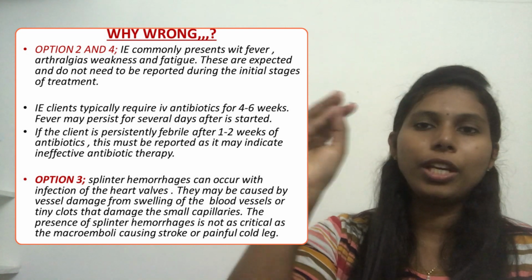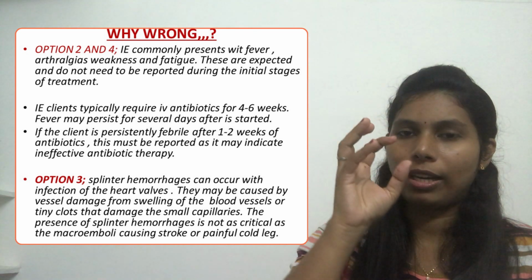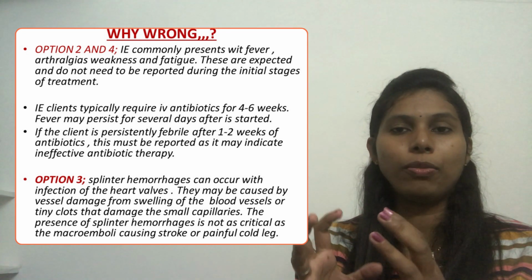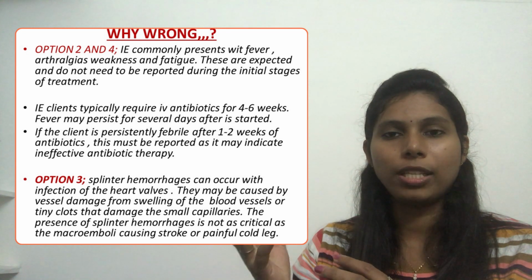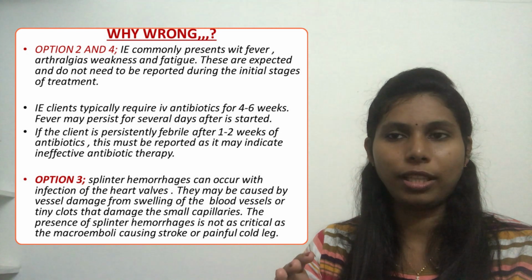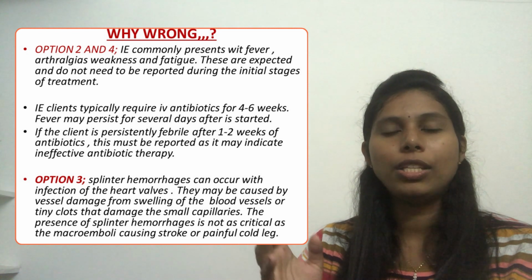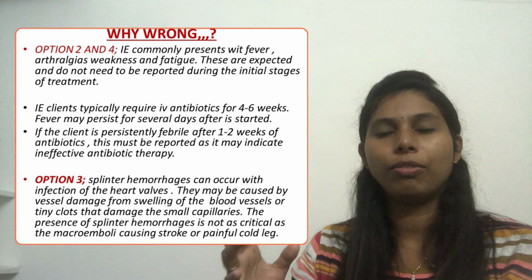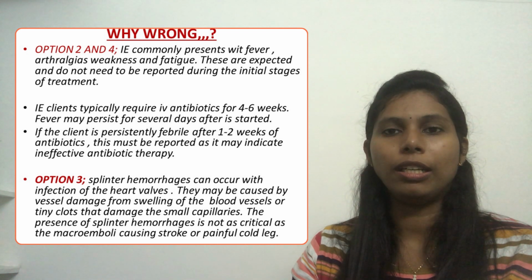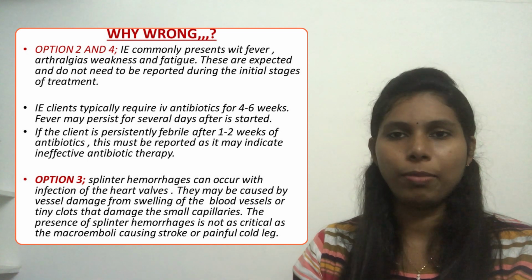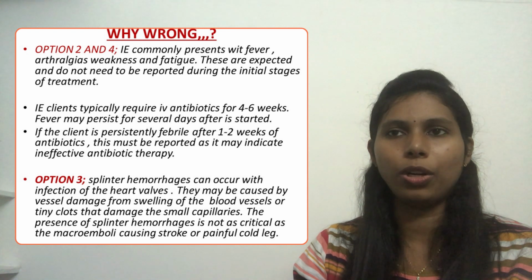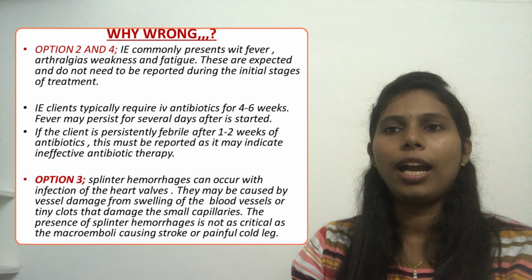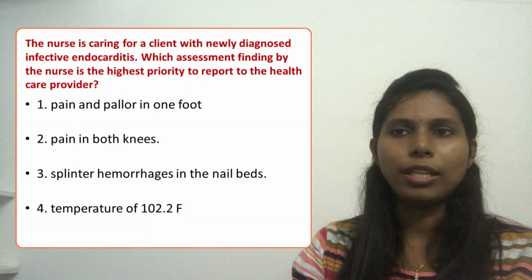The antibiotic for infective endocarditis is usually given for 4 to 6 weeks, and the client will also get instructions about the side effects and the antibiotic therapy. So this fever may persist for 5 or 6 days after initiation of the antibiotics. That is also an expected finding, and it will resolve.